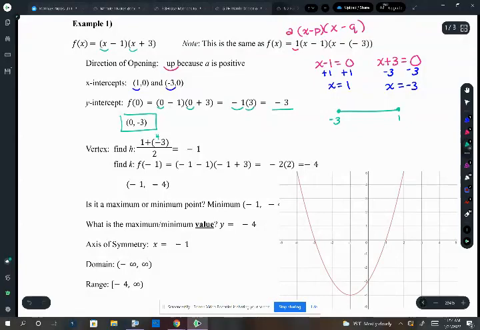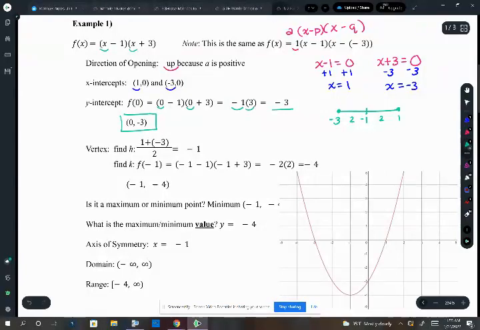And so 4 divided by 2 is really 2 spaces. So that's kind of where we're going. So there's 2 spaces here and 2 spaces here. So if I go 2 spaces from negative 3, then I'm at negative 1. All right. So we just want to be careful there.